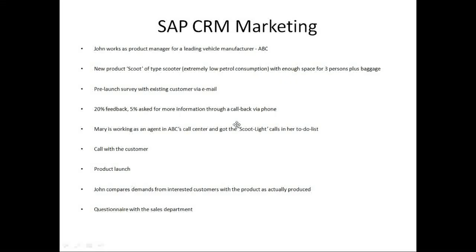After 2 weeks of the pre-launch survey, John initiates the campaign and the campaign is launched for this new product Scoot. After 3 weeks of launching the campaign, John checks the result of the campaign, where 20% feedback is received from the customers, in which 5% have asked for more information about this new product through a callback via phone.